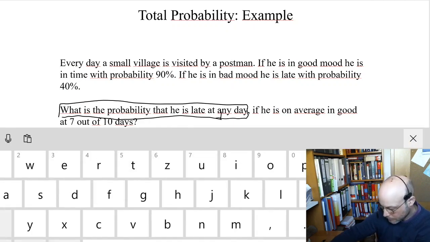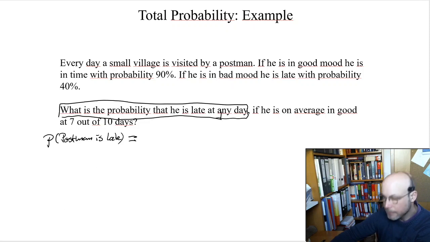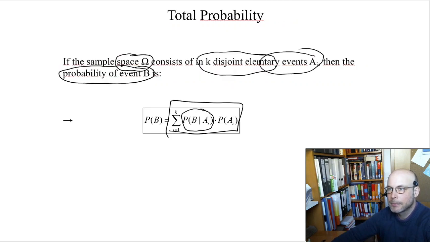Yep. So here we have the conditional probabilities, and A is then to be in good mood or in bad mood.